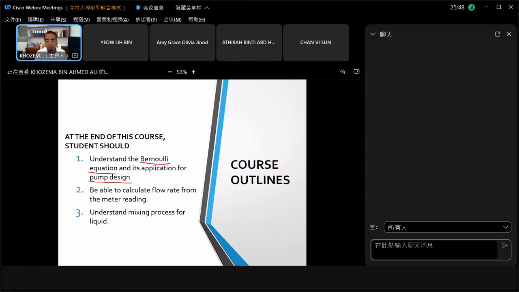So basically, at the end of 7 weeks, if you have understood and you are able to answer all these three statements, you can solve questions, you can explain, you can do all that is related to these three, meaning to say that you have actually achieved whatever we set to achieve in today's class.